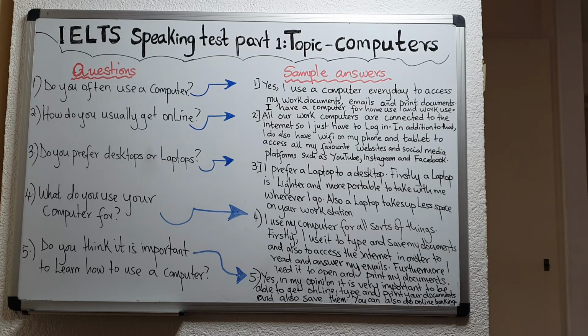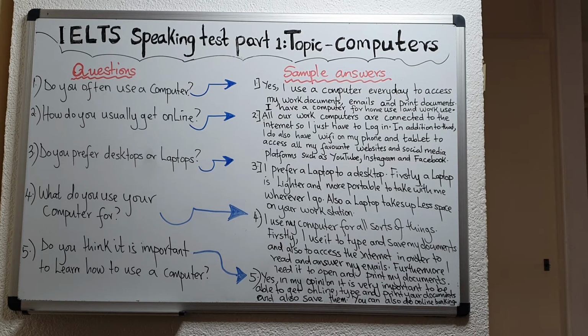Okay? So in that answer, I'm very detailed about what I use the computer for. Firstly, I use it to type and save my documents. I also use it to access the internet, and that is in order to read and answer my emails.